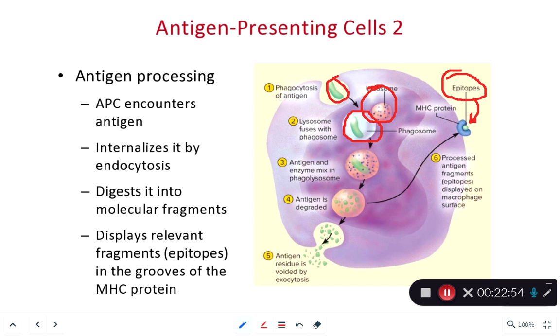As those highly oxidative enzymes rip apart the bacterium, it's chopped up into little pieces. Most of the pieces are ejected through exocytosis, but some of those pieces are used as decoration or put into an MHC protein and then presented to the T and B lymphocytes.